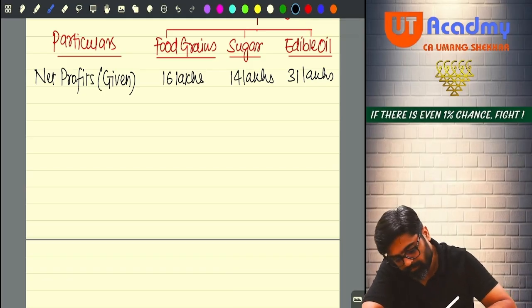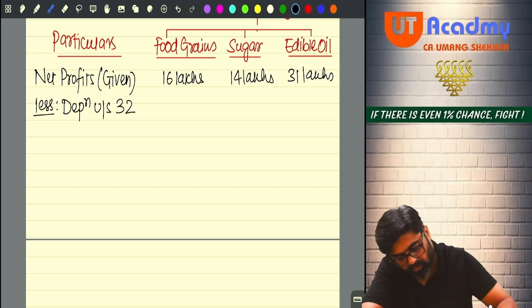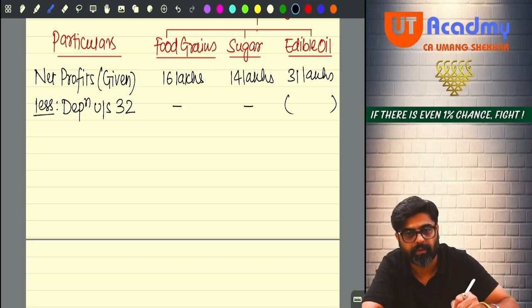So what I will do, I will reduce depreciation under section 32, but not from here, not from here. I will be reducing from here.